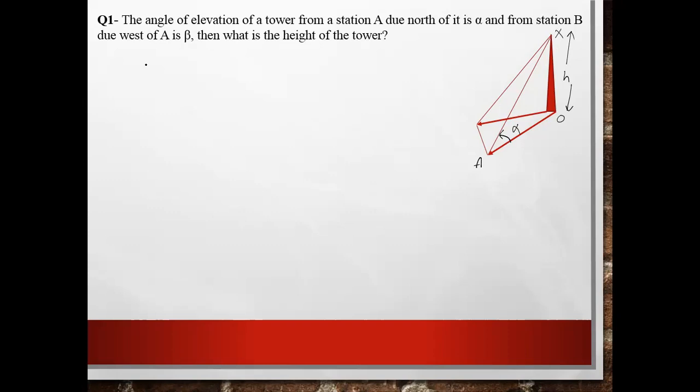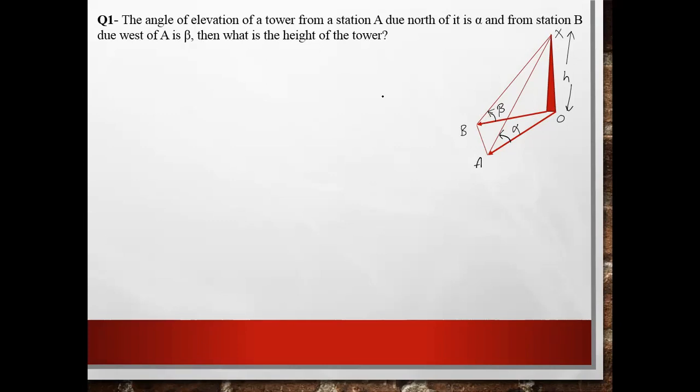It is said that from station B, which is due west of A, the angle of elevation is beta. We need to find the height of the tower in terms of AB, alpha and beta.